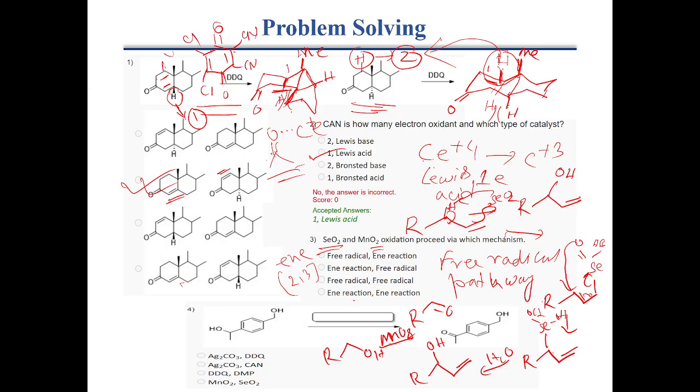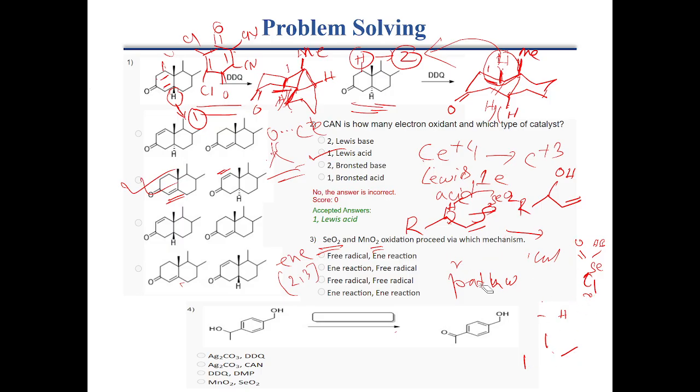The next question is, we all know the free radical pathway for the MnO2 oxidation. So the mechanism, if we discuss, this will go under manganese dioxide.